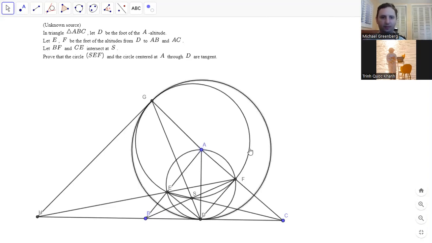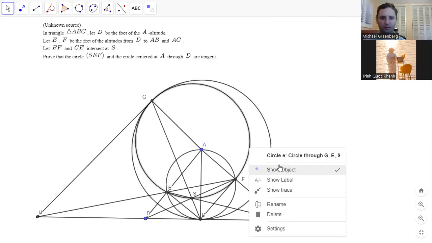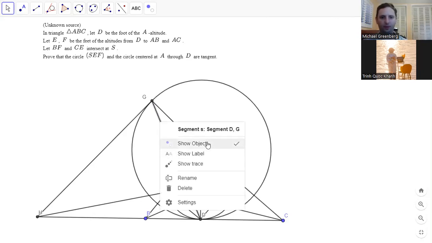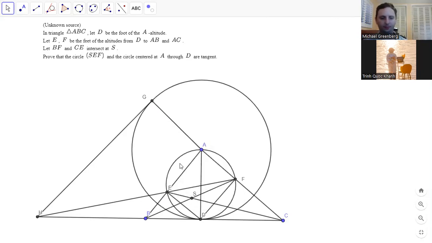So I'm going to hide this one. And then, yeah, basically we want to show S lies on the polar of H. So I'm going to hide this. Can we show that S lies on the polar of H?